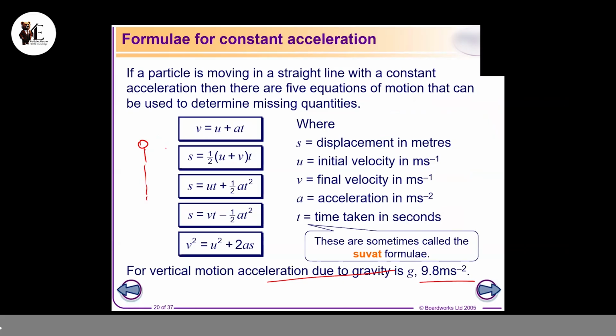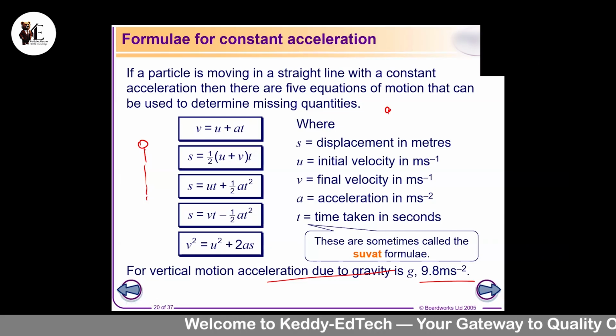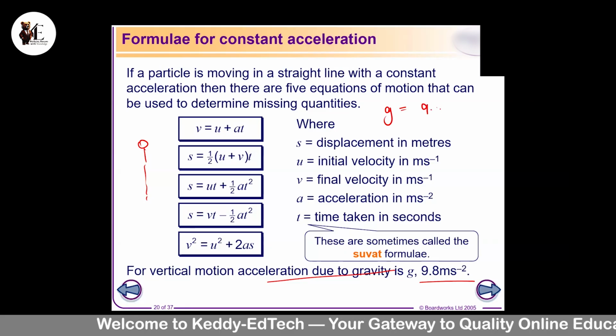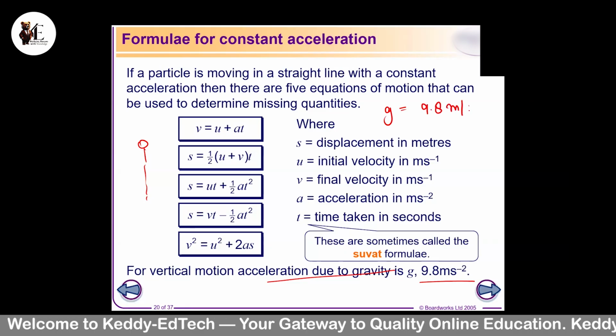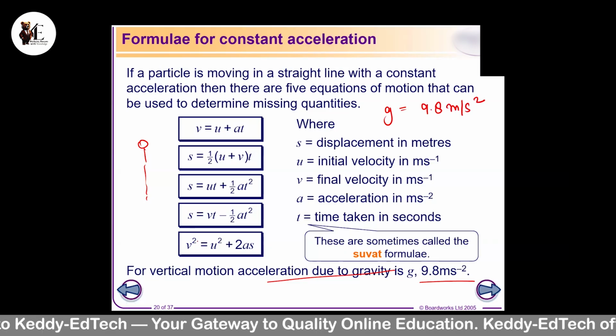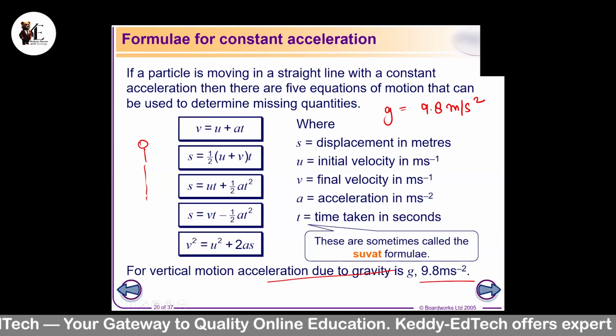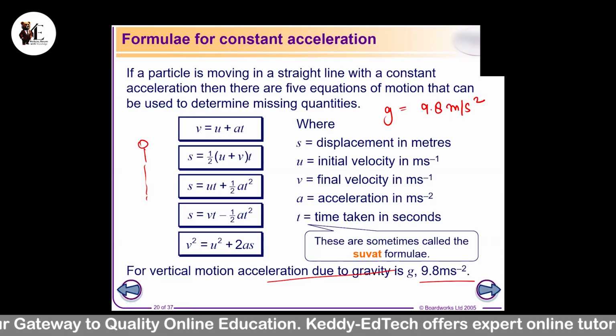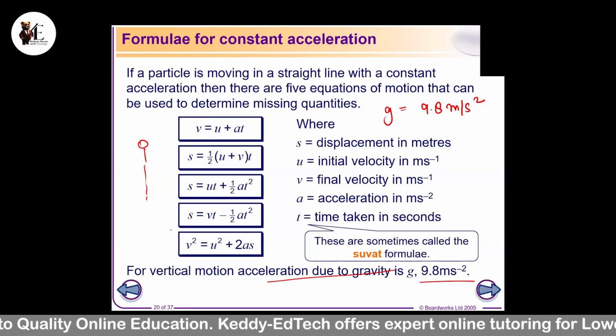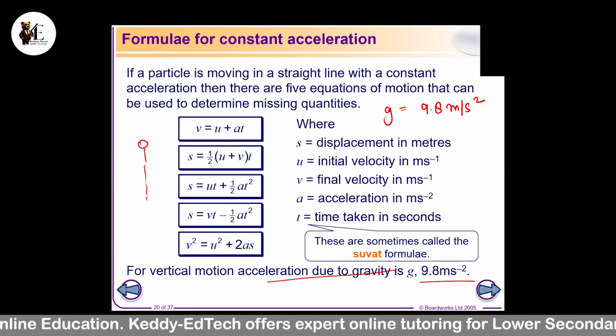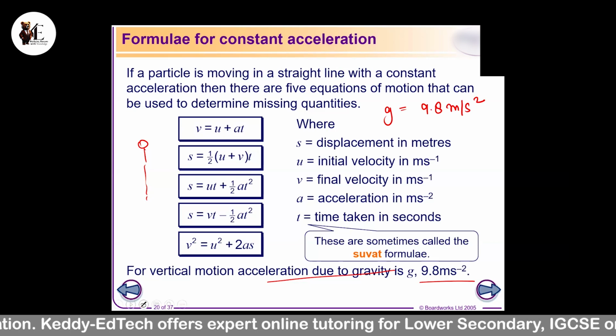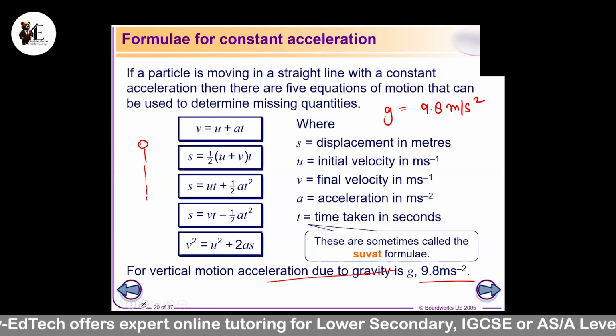If the vertical motion is done on the earth, the acceleration due to gravity would be a constant, denoted with small g, and the value for small g would be 9.8 meter per second square. Is that clear, everybody? What about you, Nyasha and Brandon? Okay, let's go a little bit slow.